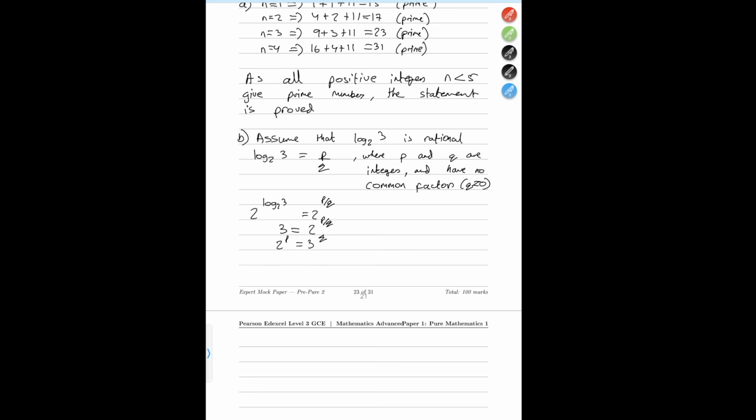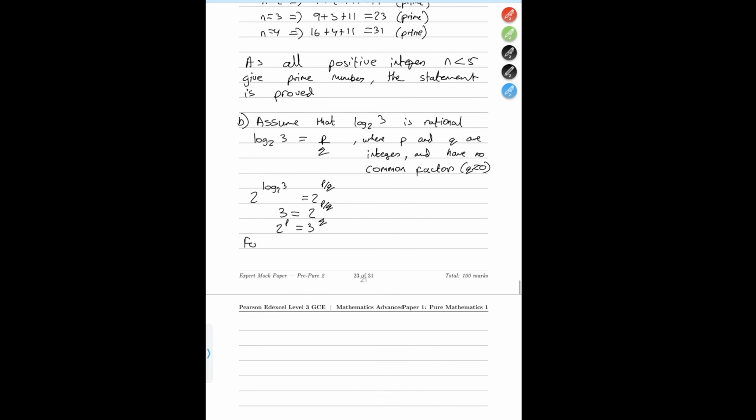So that means that this is a contradiction, because any value p here, as we picked integers, it's only going to be even. And for any integer q, 3 to the q is going to be odd. So for p greater than or equal to 1, actually let me change my definition here. So I'm going to change it to p is greater than 0 and q is greater than 0.